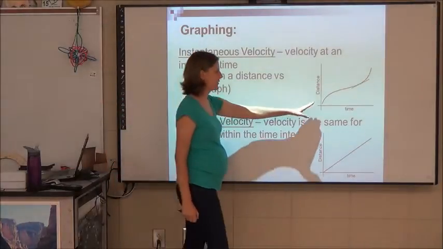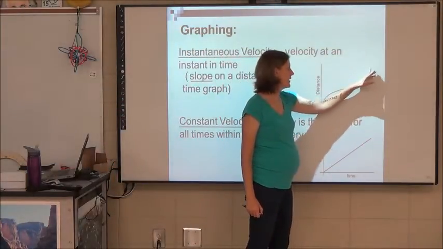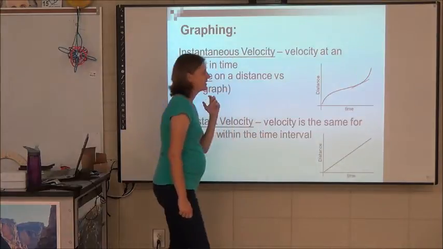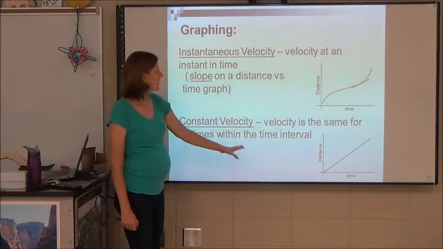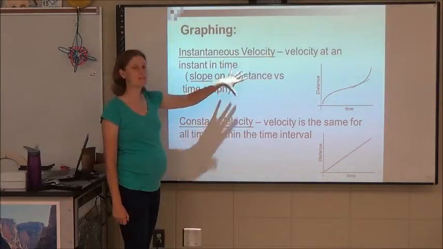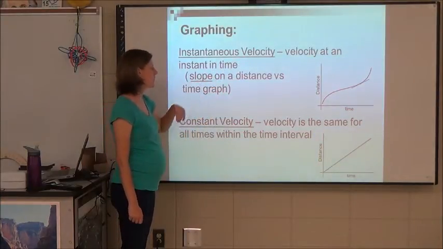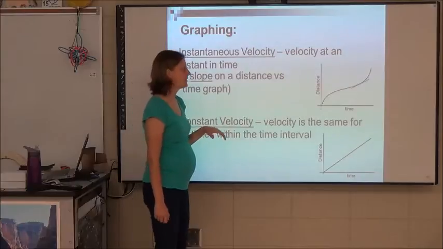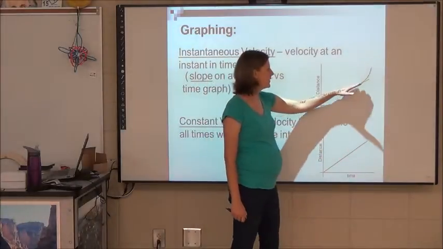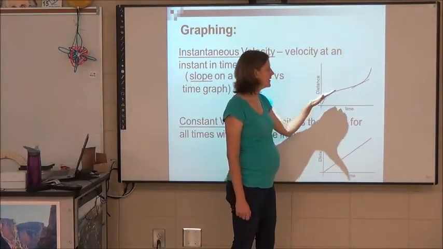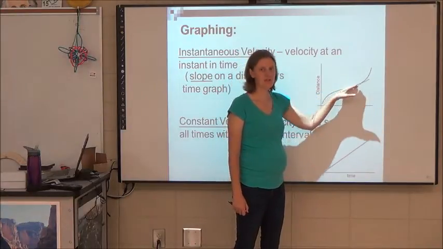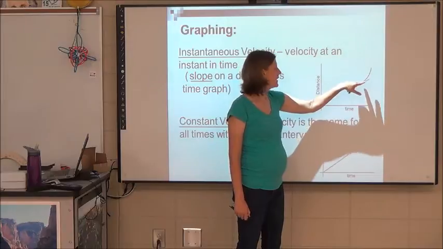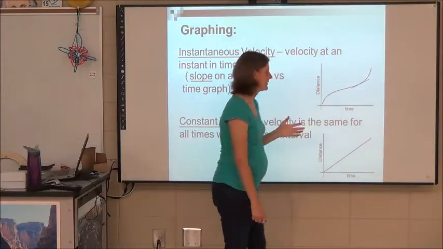Here would be a case where your velocity is definitely changing, and it's not even changing at a constant rate. But the instantaneous velocity is a slope on a distance time graph. And slope for a curvy line is what we call a spot that would be tangent to that line. And we would use calculus to find that.